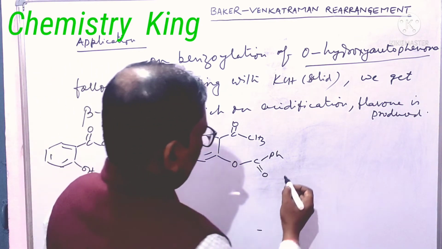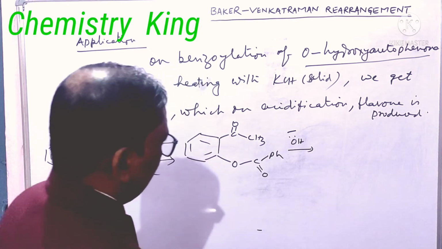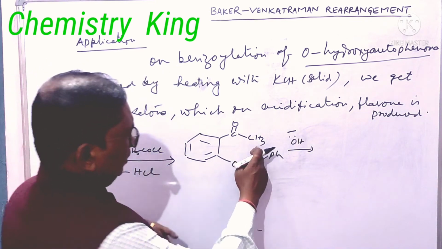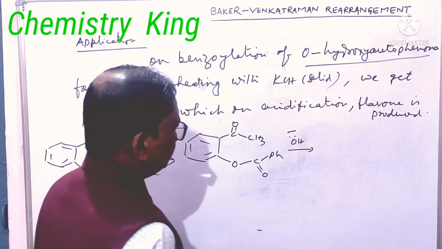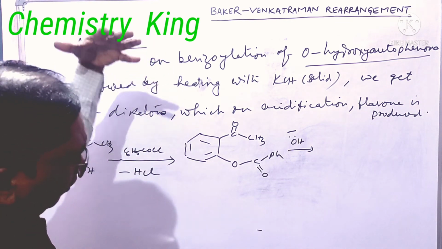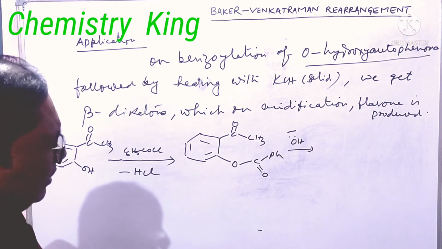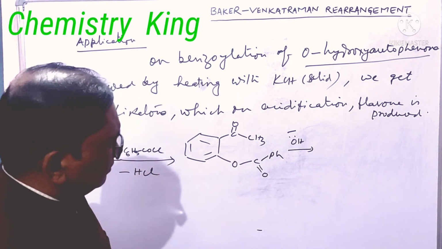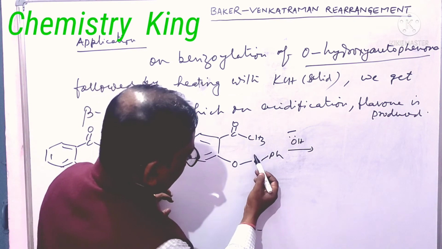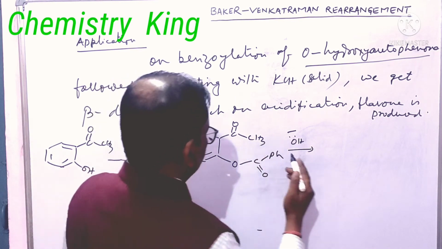Okay. Now the hydroxide ion of potassium hydroxide will extract this hydrogen, or simply, we have already discussed the mechanism of Baker-Venkataraman rearrangement, so I am not going to write the mechanism. So this unit, this part will come here.